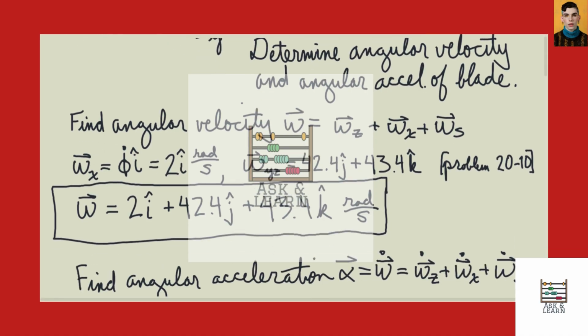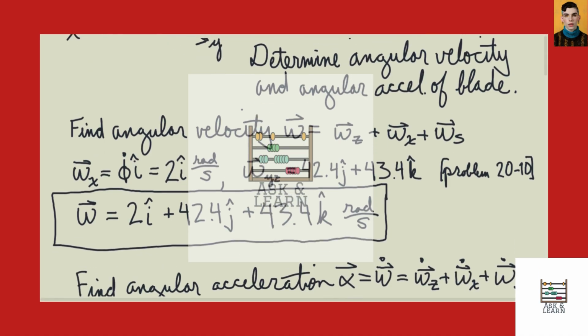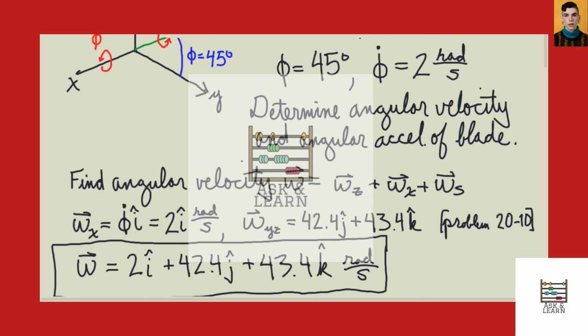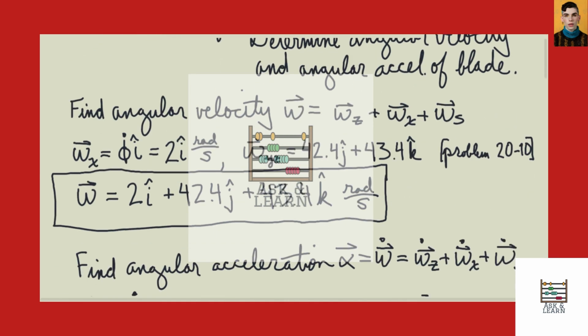From the previous problem, 20-10, we know that the sum of the other two components, that is vector omega z plus vector omega s, is equal to 42.4 unit vector j plus 43.4 unit vector k.